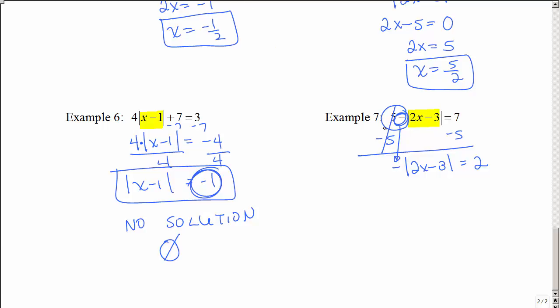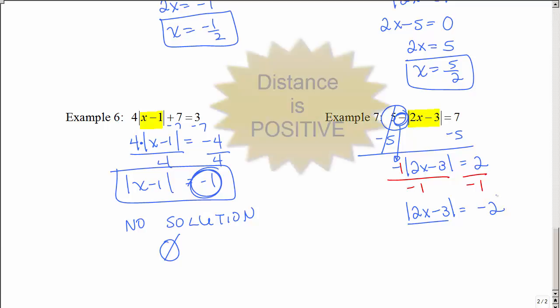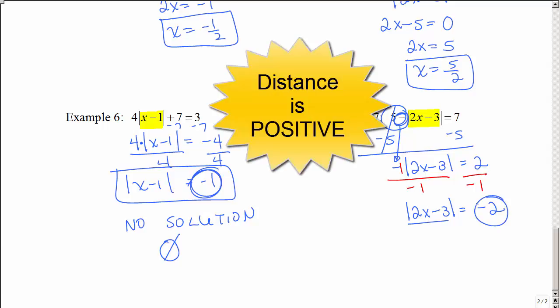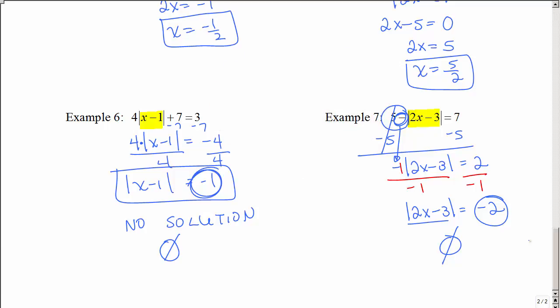So that's like a negative 1 being multiplied. So I'm going to divide by negative 1. And I get -2. So, absolute value means, can I have a distance of -2? No, distance is always positive. So that is no solution.